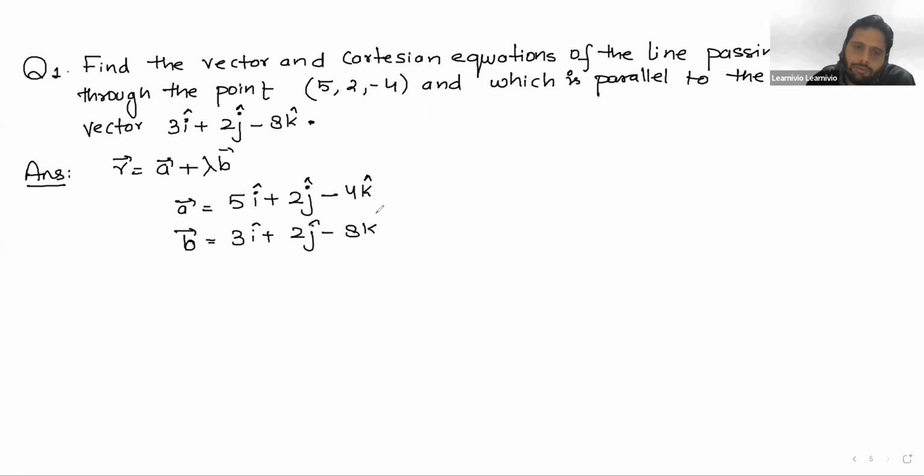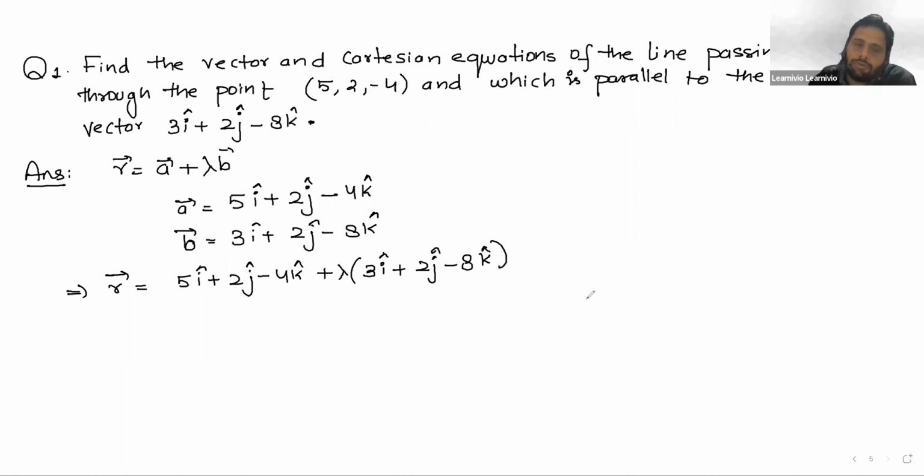Very good. Okay. So r is equal to a plus lambda b. Put the value here. So r is equal to a, which is 5i cap plus 2j cap minus 4k cap, plus lambda times b. b is 3i cap plus 2j cap minus 8k cap. Okay. So this is r.